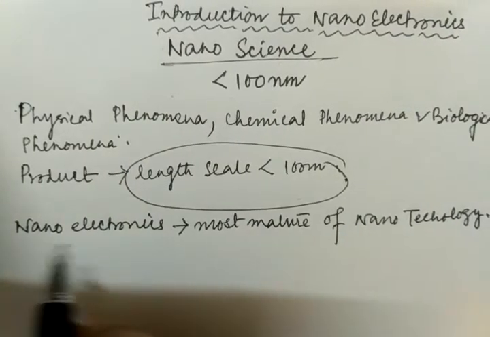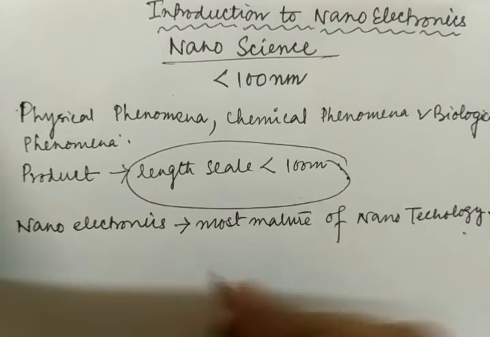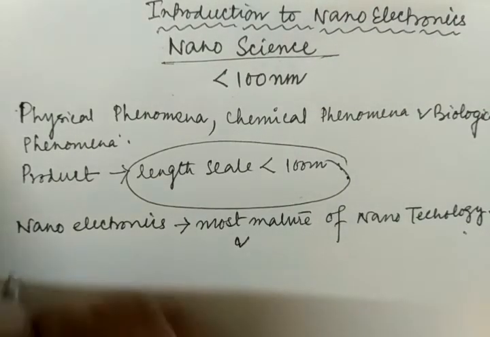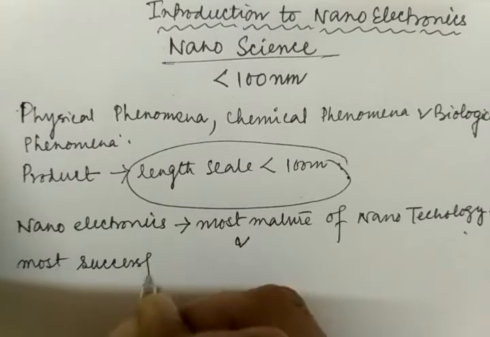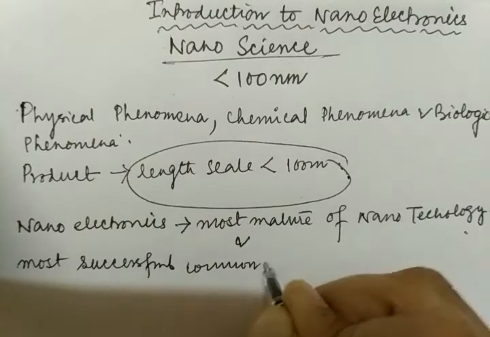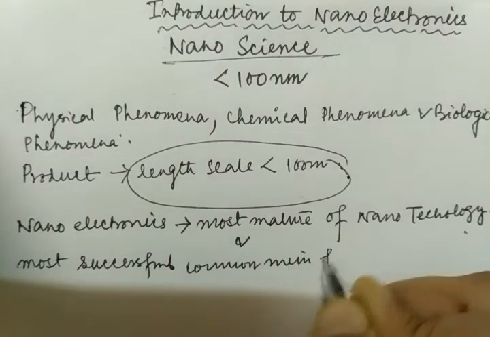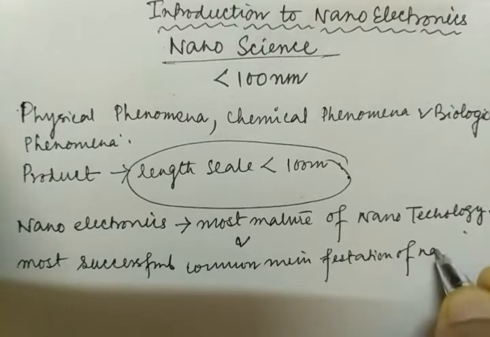So nanoelectronics is nothing but the most mature area of nanotechnology, and also it is the most successful and common manifestation of nanoscience.